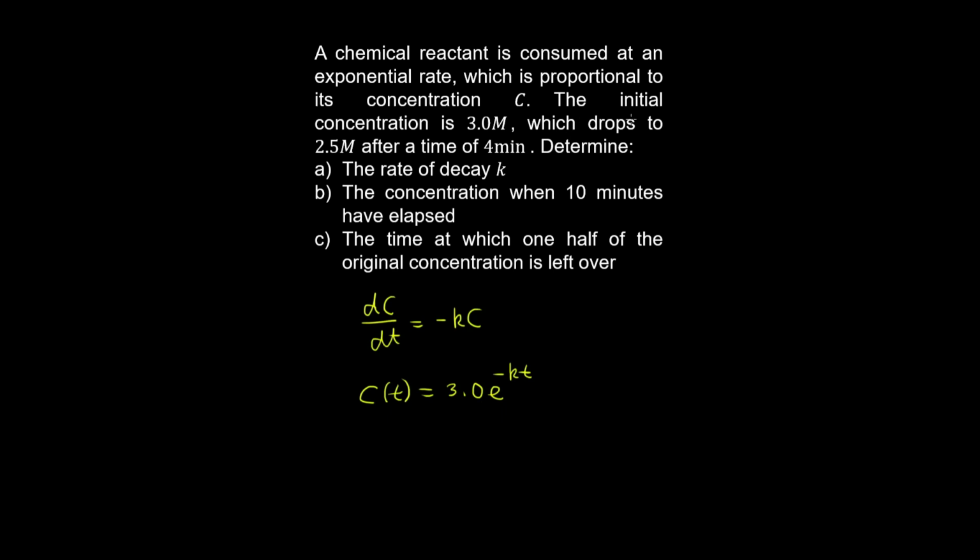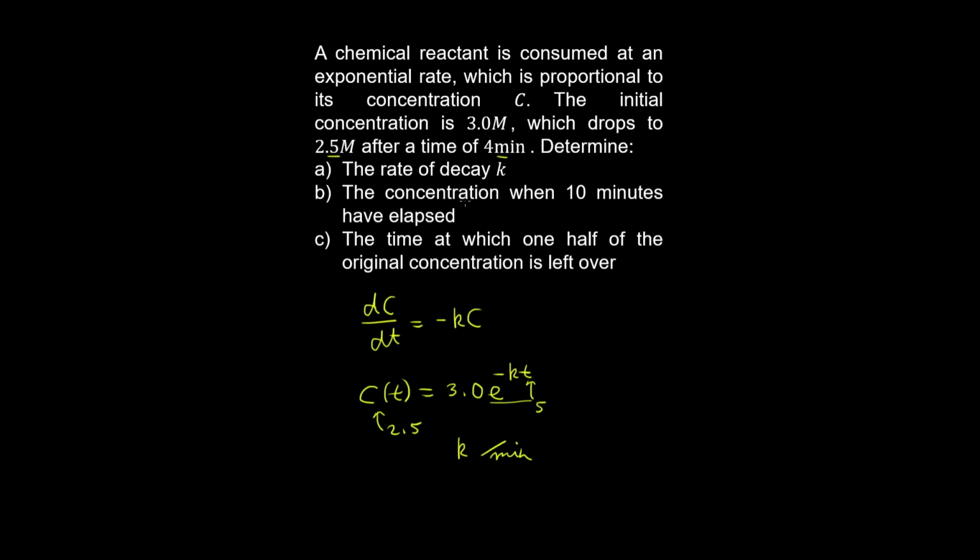And we're told that the concentration drops to 2.5 molar after 4 minutes, so you can plug in 2.5 here, a time of 4 minutes, and you'll solve this equation and you get your rate constant in units of per minute, such that the exponential quantity is dimensionless.